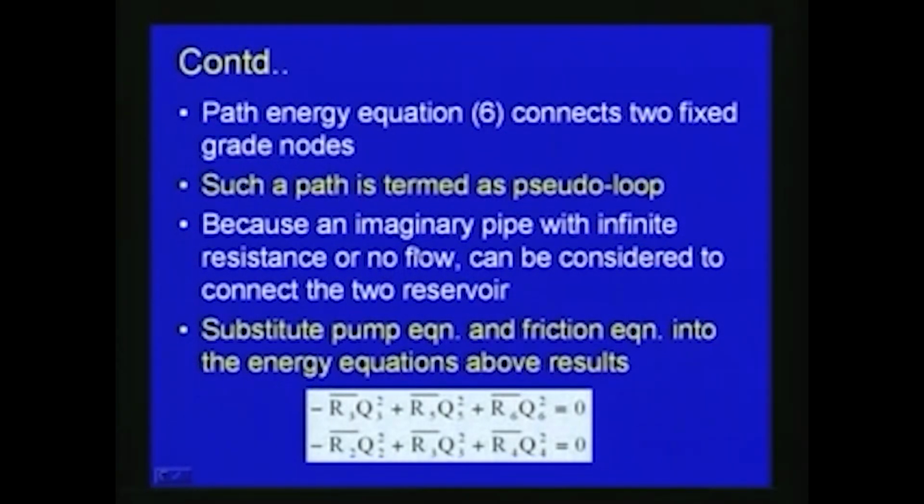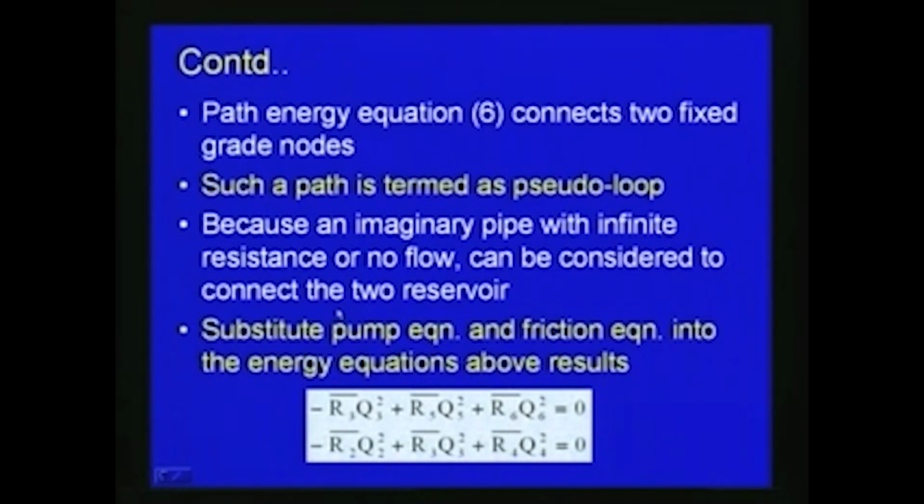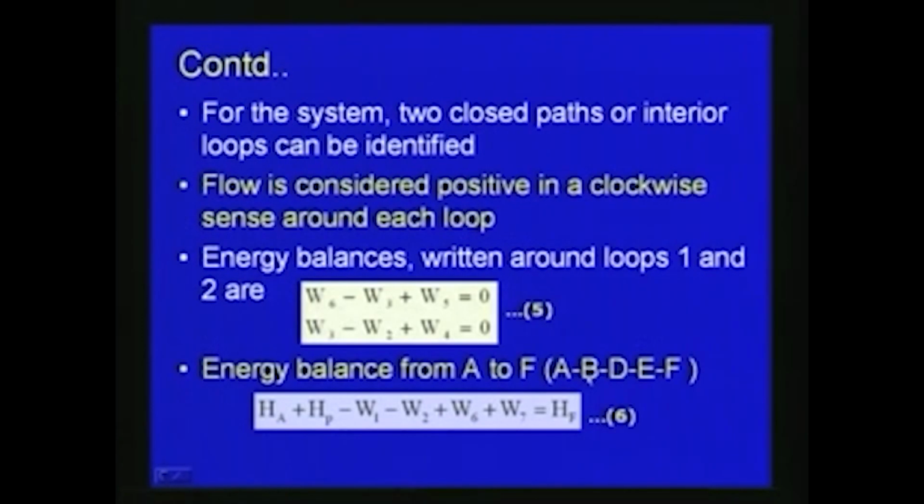It is called a pseudo loop because an imaginary pipe with infinite resistance or no flow can be considered to connect the two reservoirs. So, for the pseudo loop which we consider here, this equation is written, and now we will substitute the pump equation and the friction equation into the energy equation above.